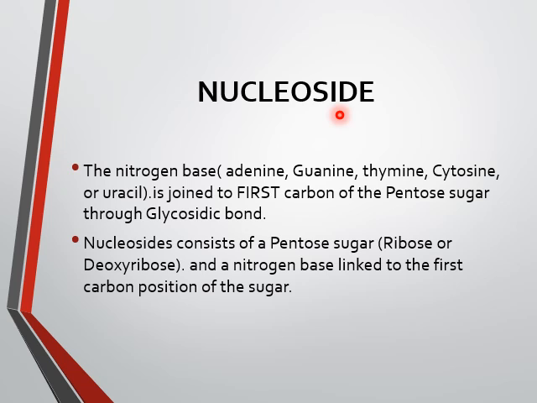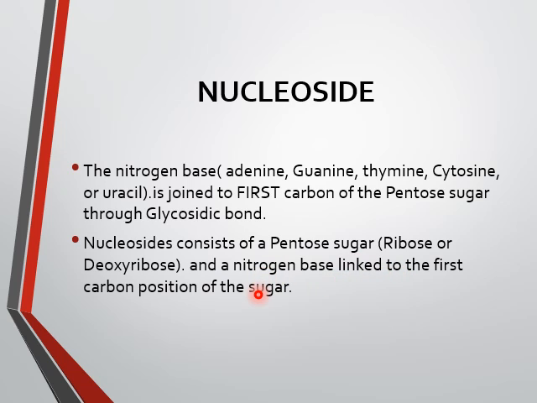Define nucleoside. The nitrogen base, it may be adenine, guanine, thymine, cytosine or uracil, is joined to or attached to carbon number 1 of pentose sugar, and they are joined through the glycosidic bond. Nucleoside consists of pentose sugar, which may be ribose or it may be deoxyribose, and nitrogen base linked to the first carbon position of the sugar.